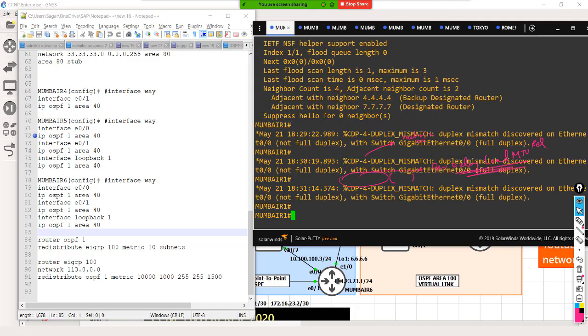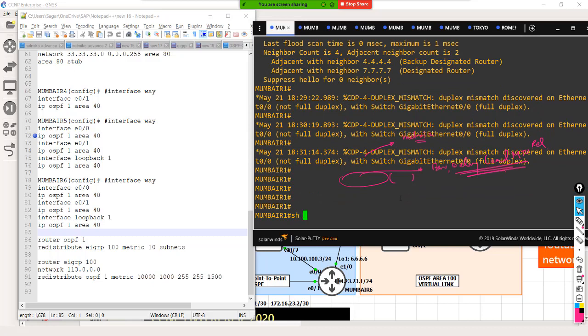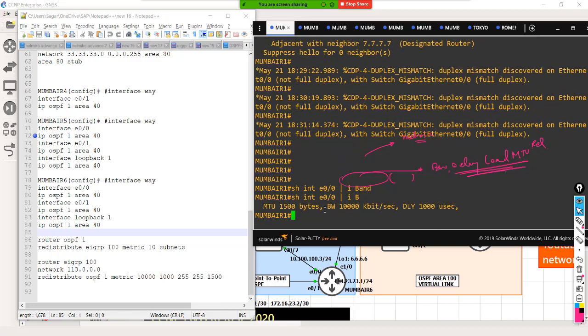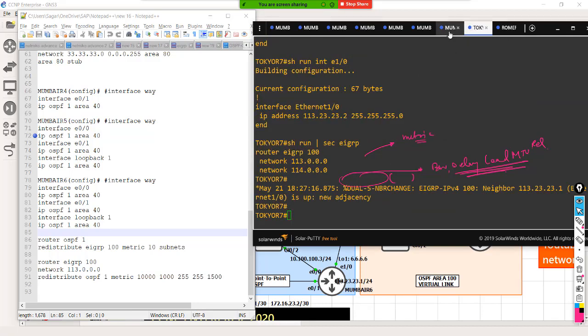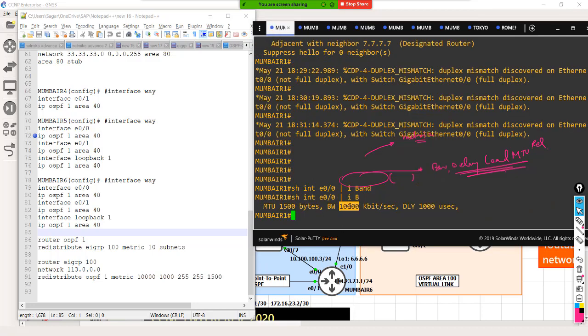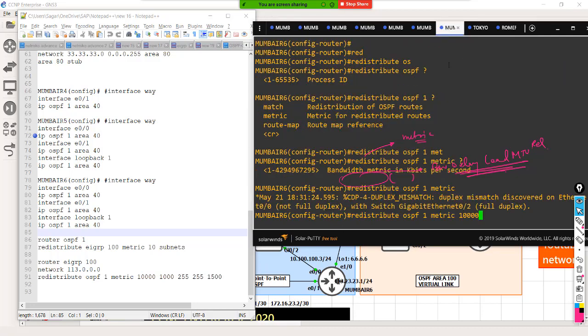I can go back to one of the routers and quickly check. If I say bandwidth, the bandwidth is this by default. So I'm going to take this and place it here. Those are already in kilobits, so I don't have to convert anything. I just took this value and pasted it here.